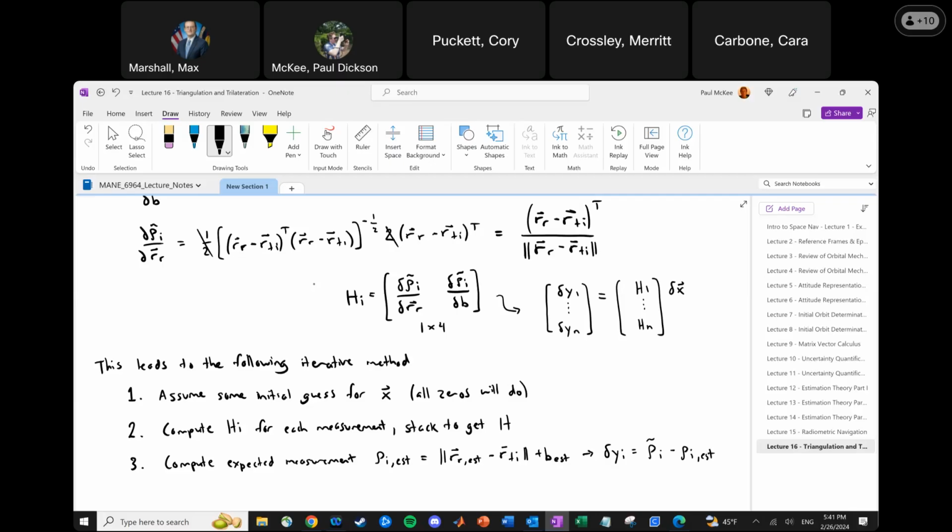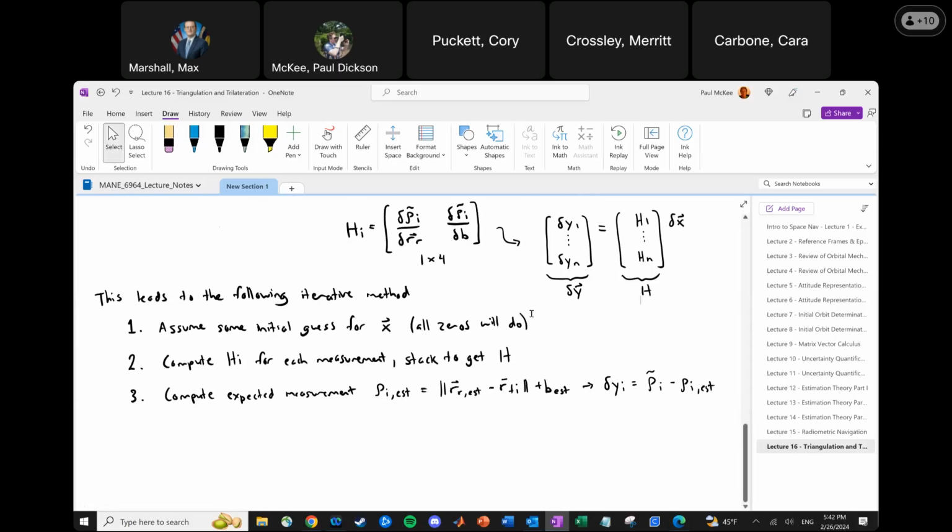That's what we're getting at. So your delta measurement is the error between the measurement that you really saw and the measurement that you think you should see if you were right about your state. That's the idea. And that allows us to create this stack of measurements, which we'll call this delta y vector, and we'll call this whole thing H.